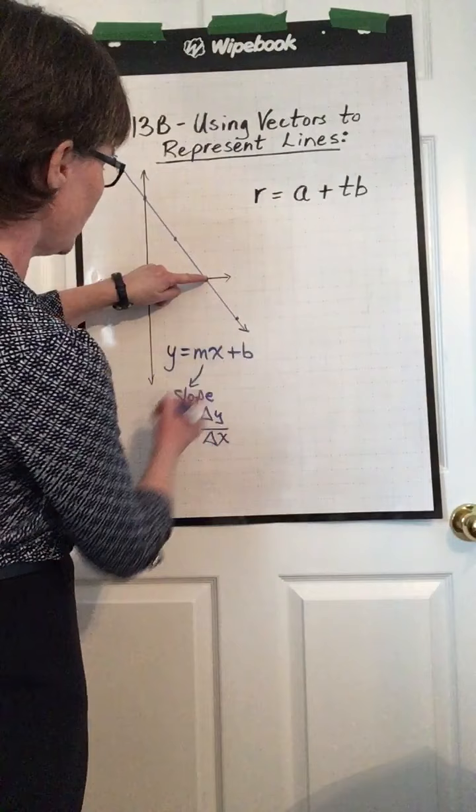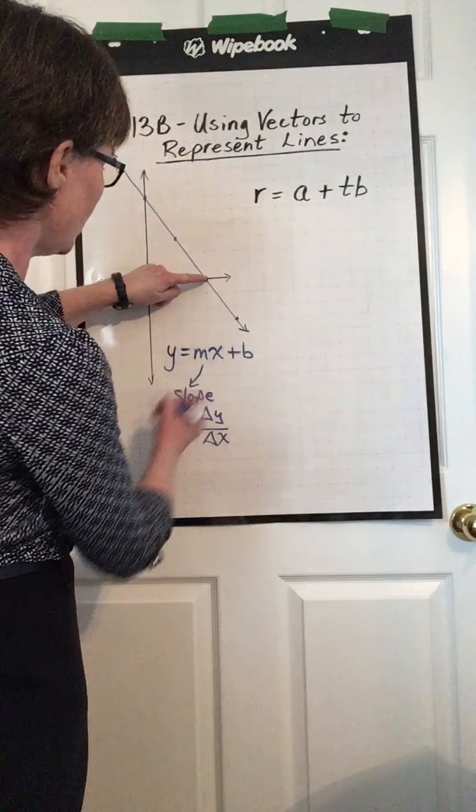So let's think back to what we already know about representing lines using linear functions. If we think about y equals mx plus b, where m is the slope, and it equals delta y over delta x, we could determine the slope of a line. Let's take this blue line that we have here.